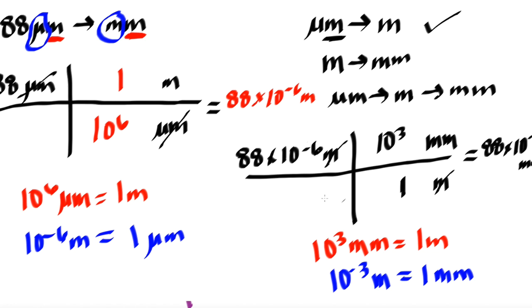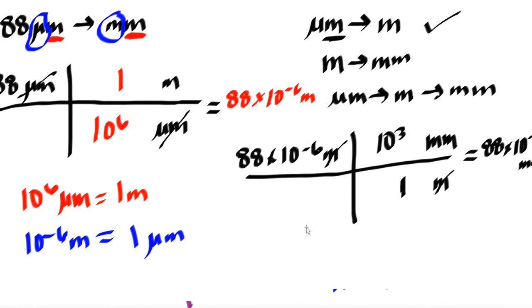We cannot leave that answer, so we need to clean that up some. So we're going to say, oh, I need my pen back. We need 88 times 10 to the negative 3 millimeters.